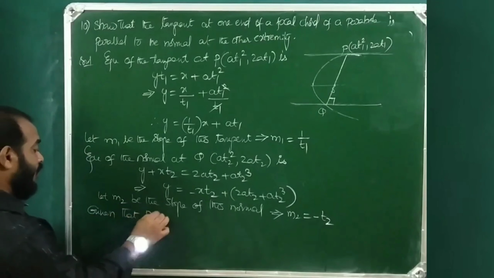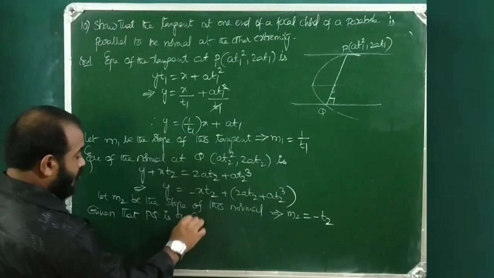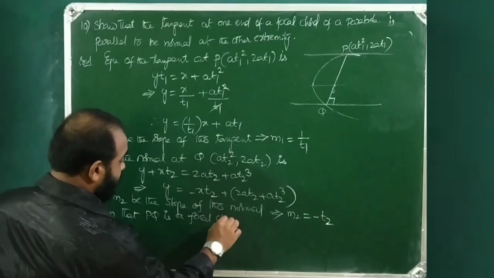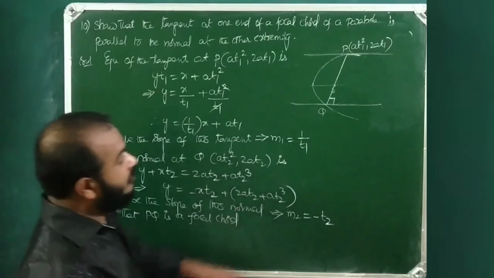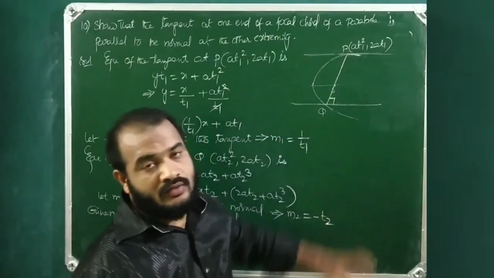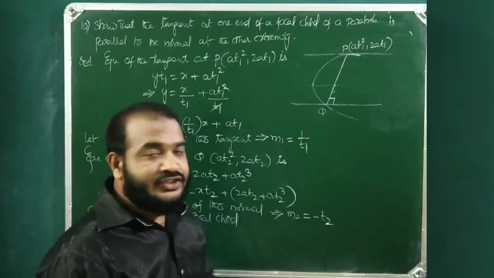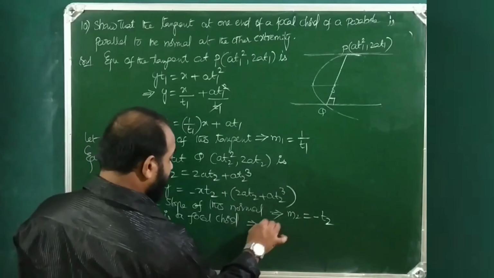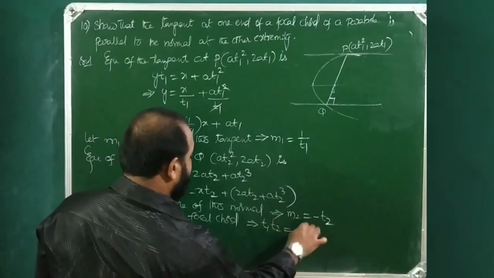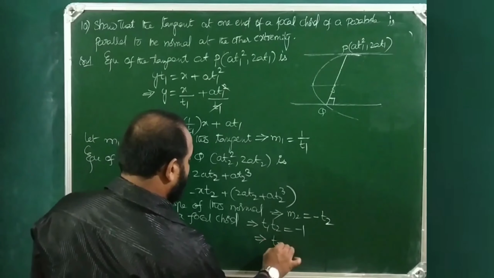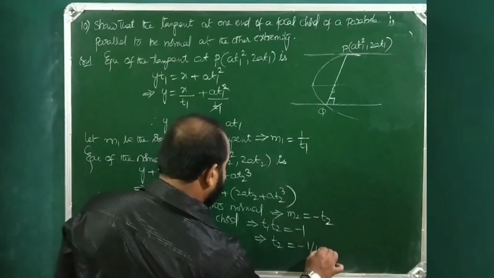Given that PQ is a focal chord, the condition is t1 t2 = minus 1. From this, t2 = minus 1 by t1.